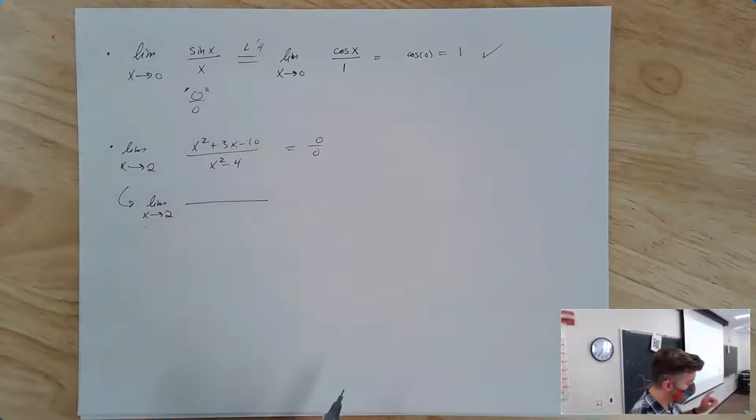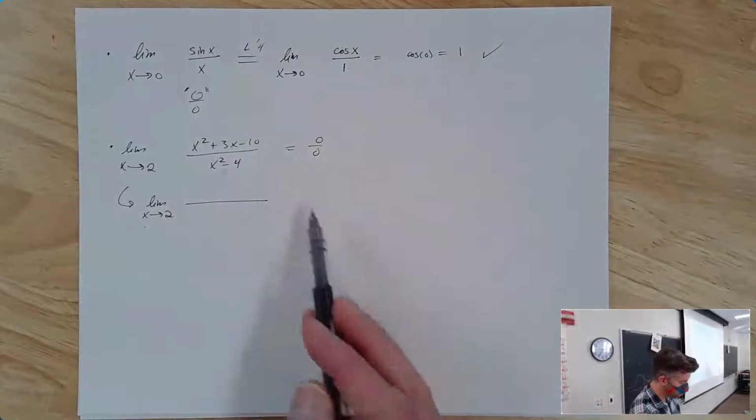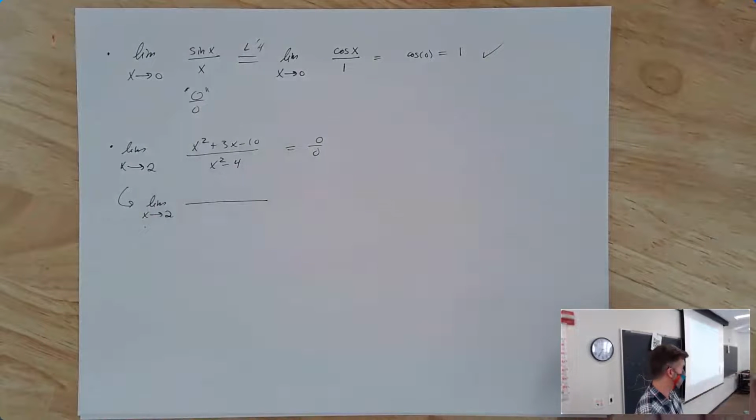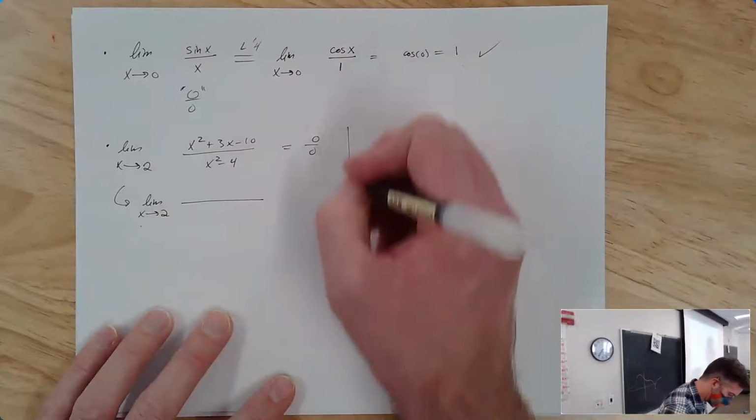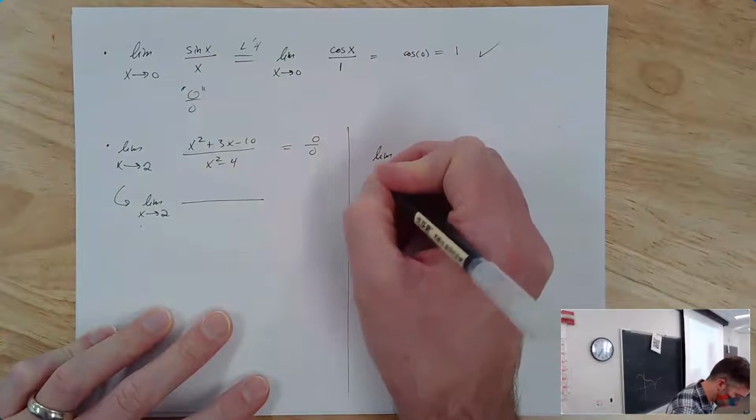Not quite. That's actually an excellent point. A lot of times people mistakenly say that this limit is equal to 1, because they think the limit of a quotient of polynomials is the quotient of the leading coefficients. That's only true if the limit is as x goes to what? Not 0, infinity. I want to make this really clear because I've seen way too many students make this mistake in the past.